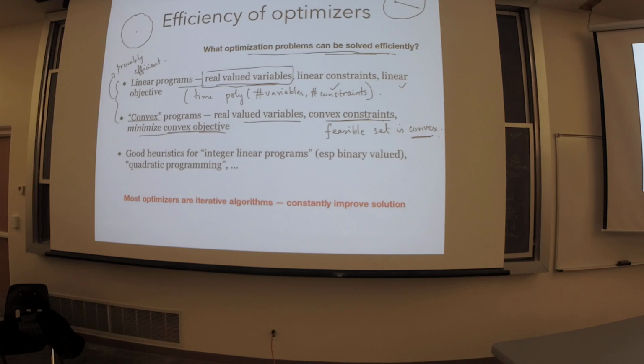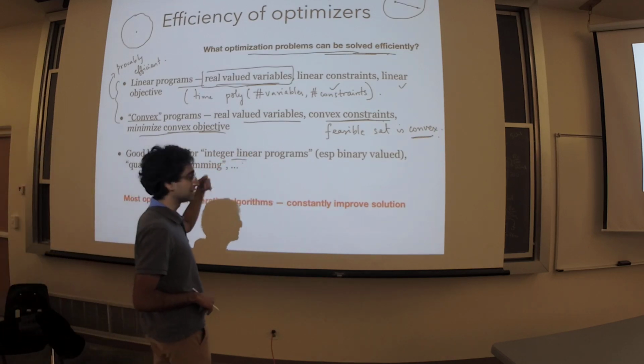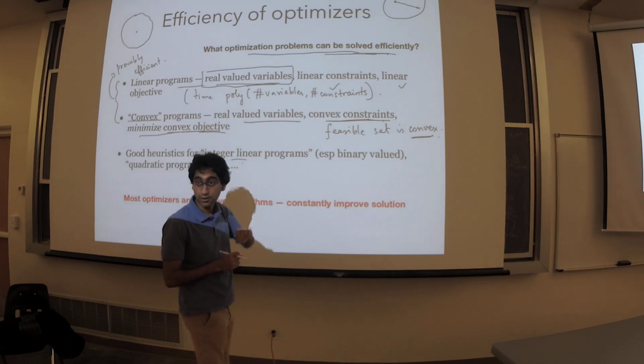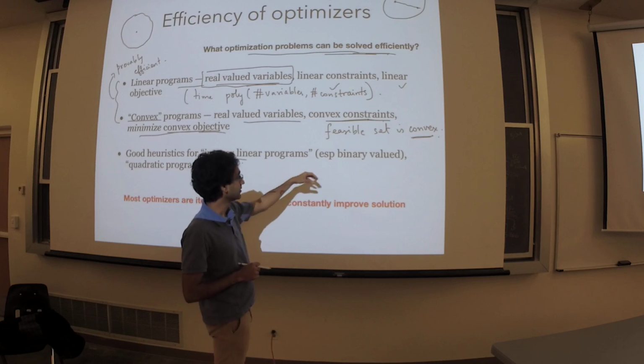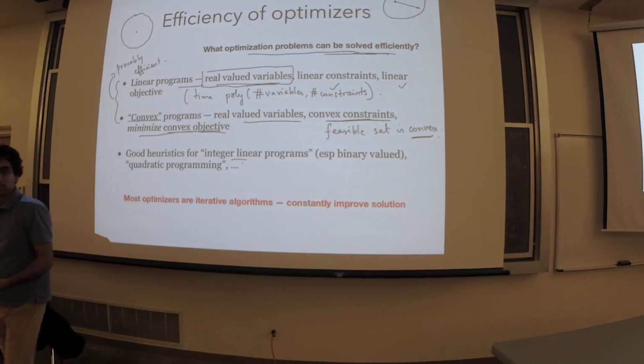Another class for which there are pretty good heuristics, and depending on whom you ask, some people think that these are easy. Things like integer linear programs. Okay, so these are the kind of things that we've been seeing, right? So your constraints and objective are all linear, but your variables could be binary. Okay, or in general integer value. Okay.